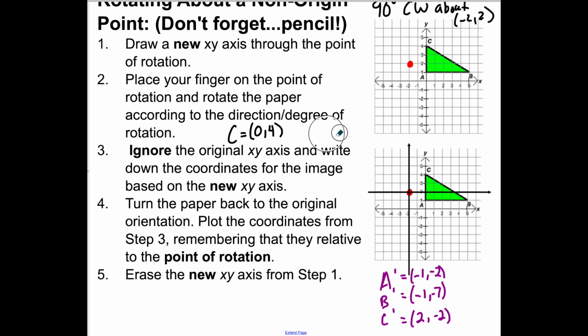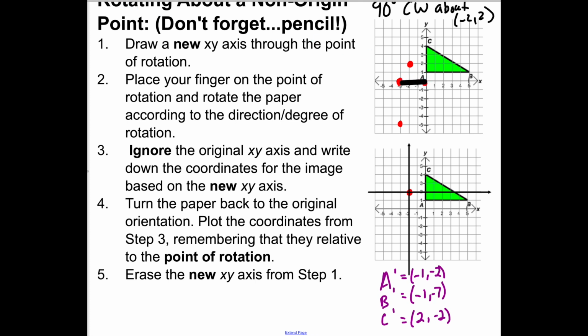I'm just going to erase these so I've got some room to write, and now I'm going to replot the final points. So this is (0, 0) again, pretending like the point of rotation is (0, 0). I'll do it up here. So I'm going to go (-1, -2) from the point of rotation, (-1, -7), right? 1, 2, 3, 4, 5, 6, 7, and (2, -2). Okay, and then I'll connect.